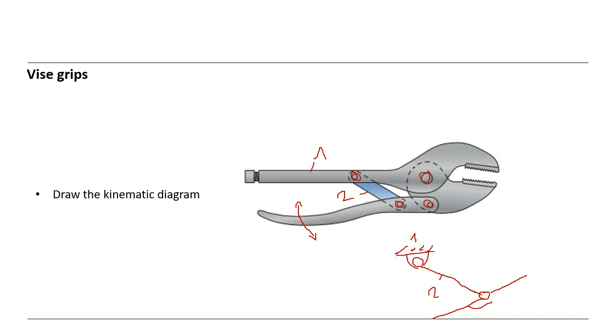And this is also a solid part. The joint is between these two and let's say this is three. Okay. And we have also here one fixed part.